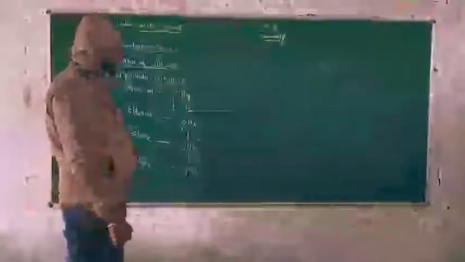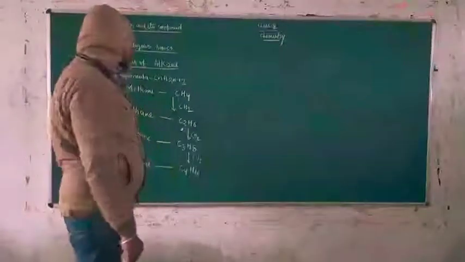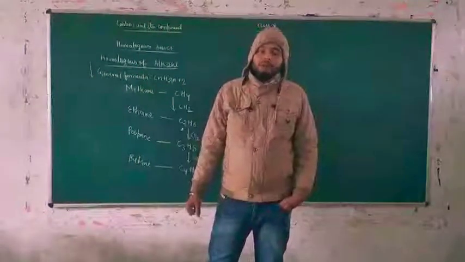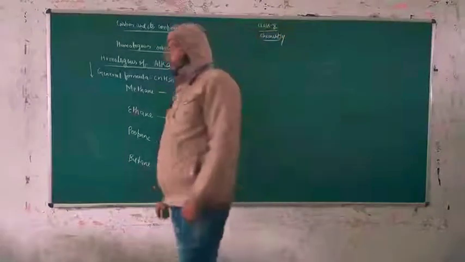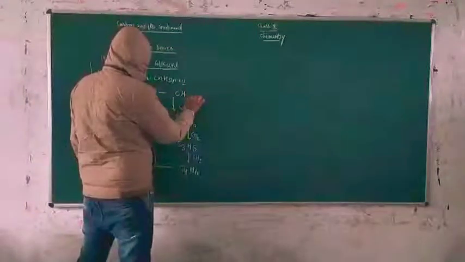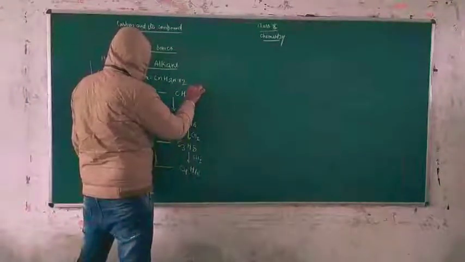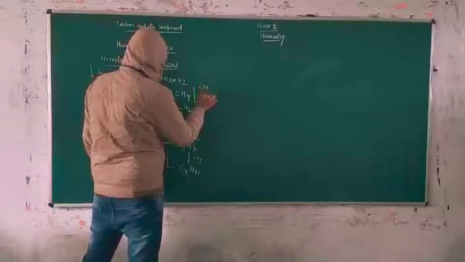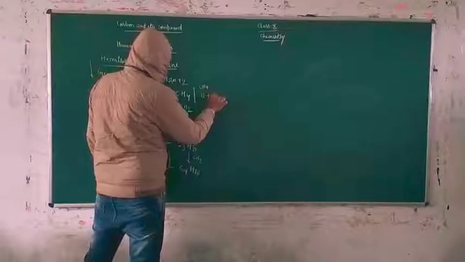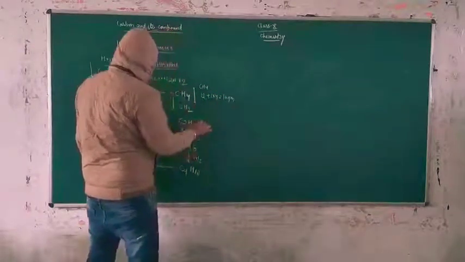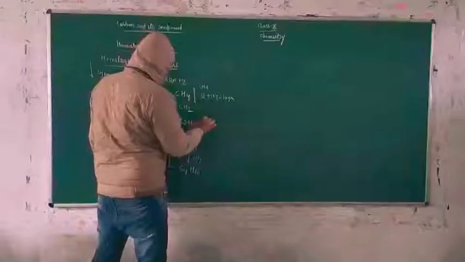We have discussed the formula mass concept. That means formula mass also differs by only 14 gram, guys. For applying the concept of formula mass on this homologous series, you have to write the first formula, CH4, that is 12 plus 1 into 4 is equal to 16 gram. Another one, C2H6 is here.